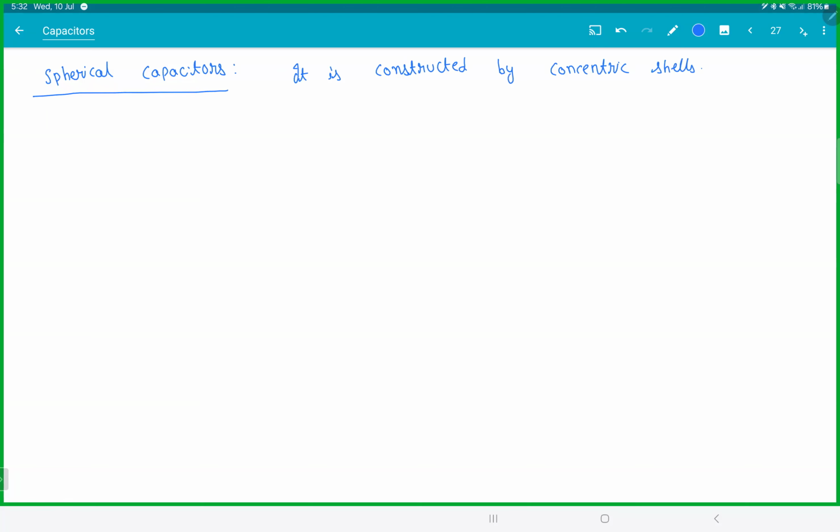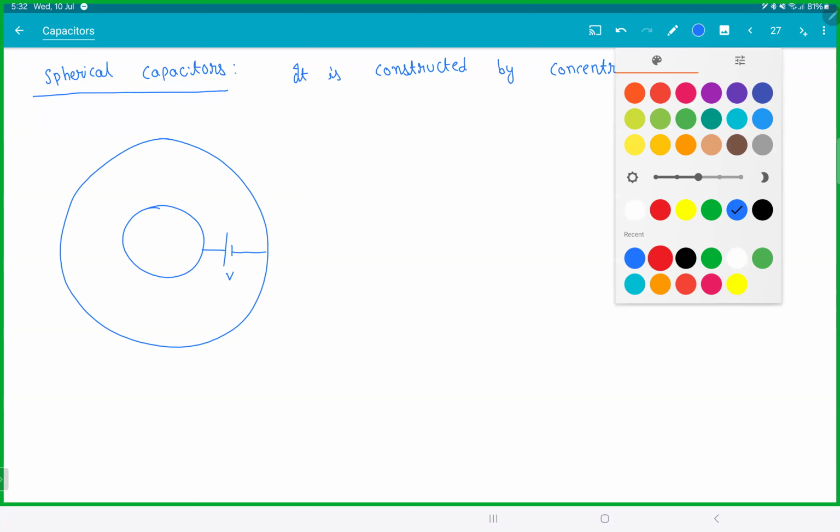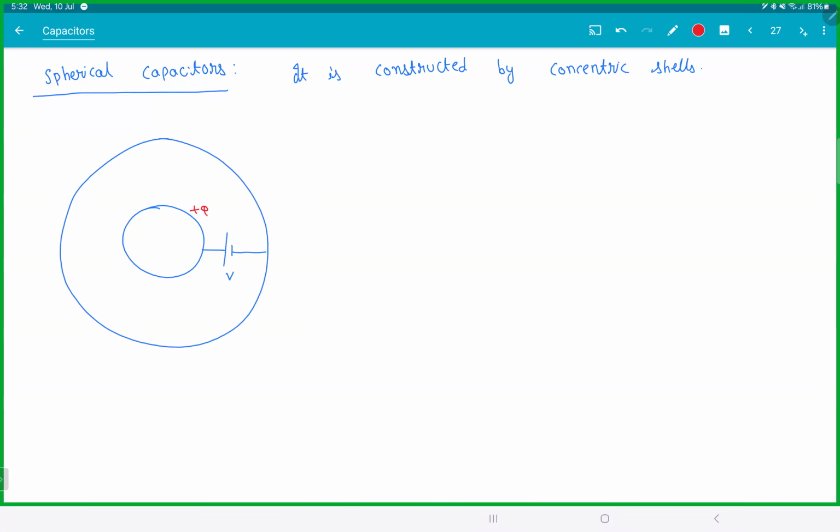This is what we do. We take a concentric shell and we take another shell. And let's say both are connected by a battery of voltage V. This gets a plus Q charge and this gets a minus Q charge. This inner radius is R1 and the outer radius is R2.